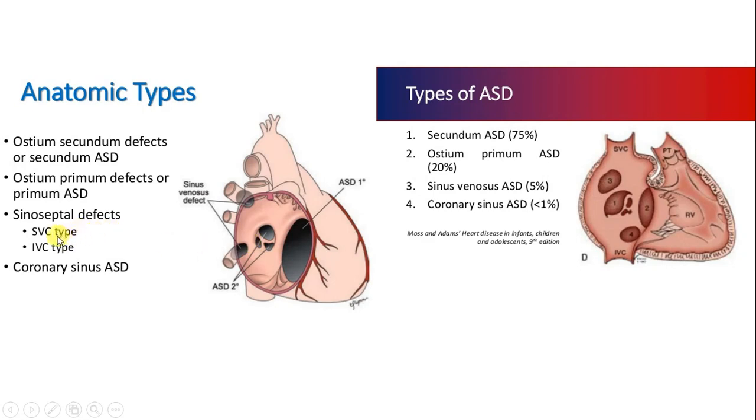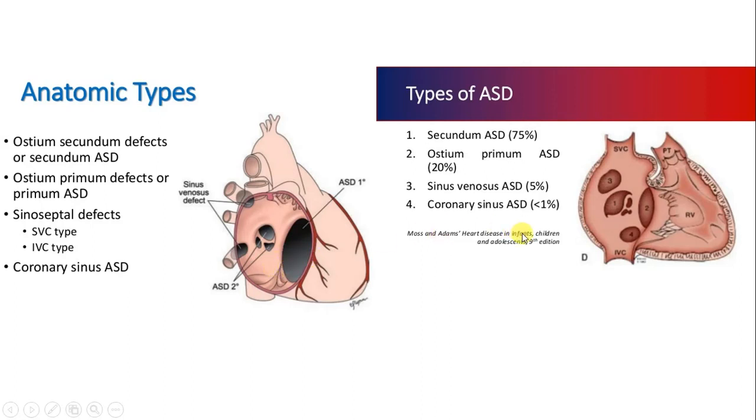Sinus venosus defects, SVC type or IVC type, superior vena cava type or inferior vena cava type, can be seen. Or coronary sinus ASD, where the coronary sinus opens into the right atrium, there will be defects in the atrial septum.